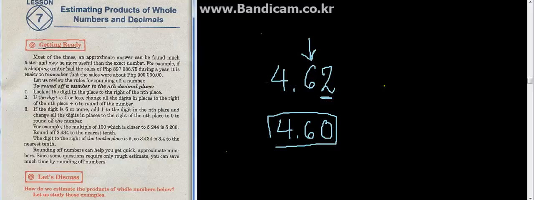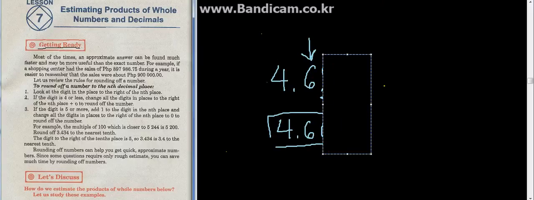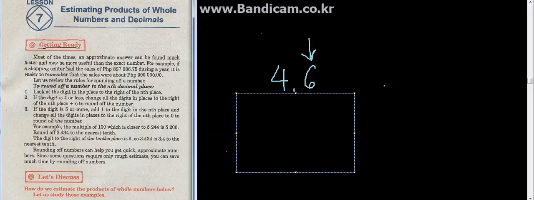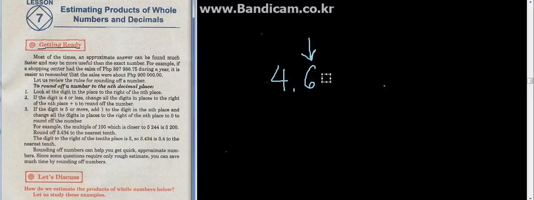But if the digit is 5 or more, 2 is 4 or less, so that's why we follow the second step. But if the digit, let's imagine we have a 7 here.